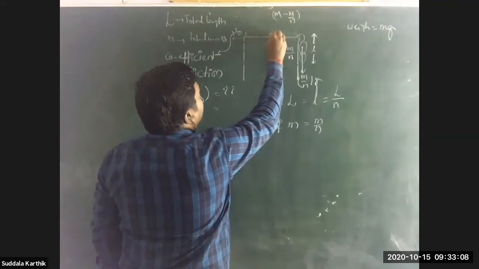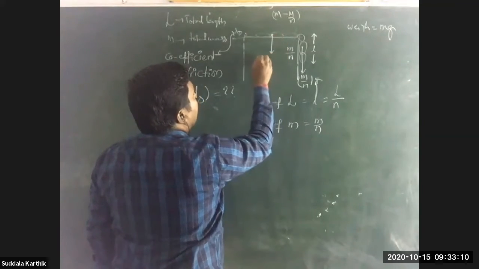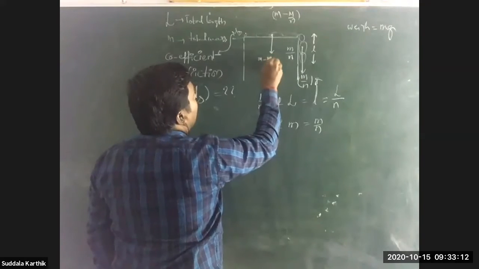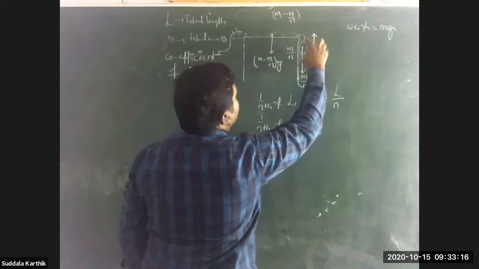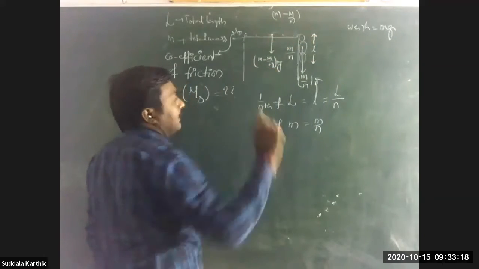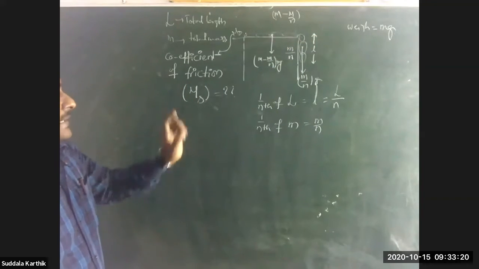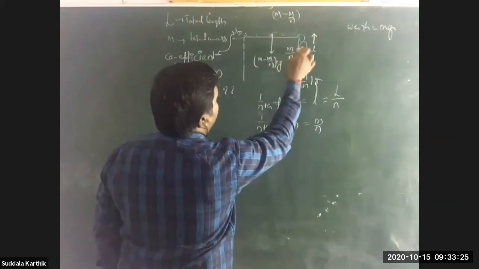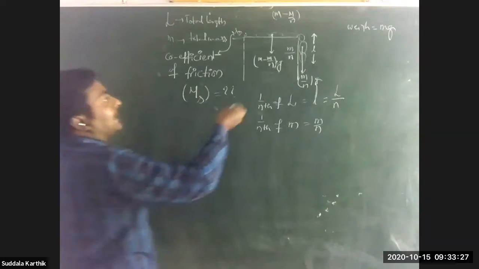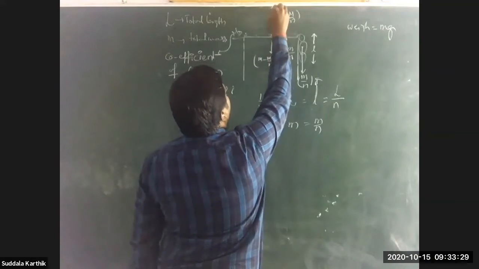So the weight of this part is m minus m by n, the mass, into g. I got the weight of both parts. And a normal reaction capital N will act like this.